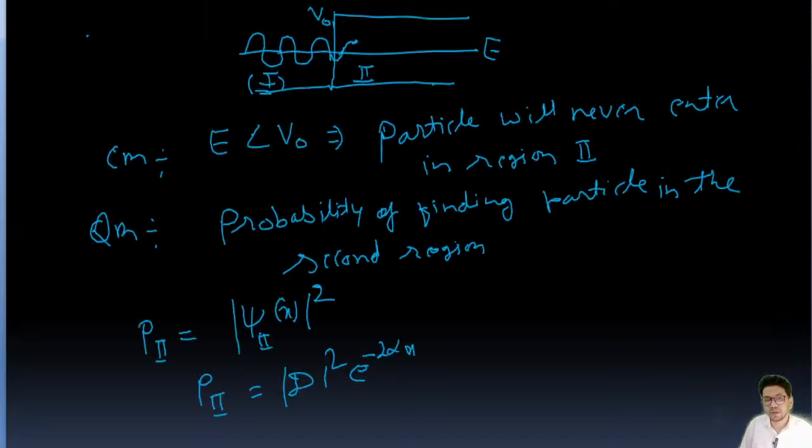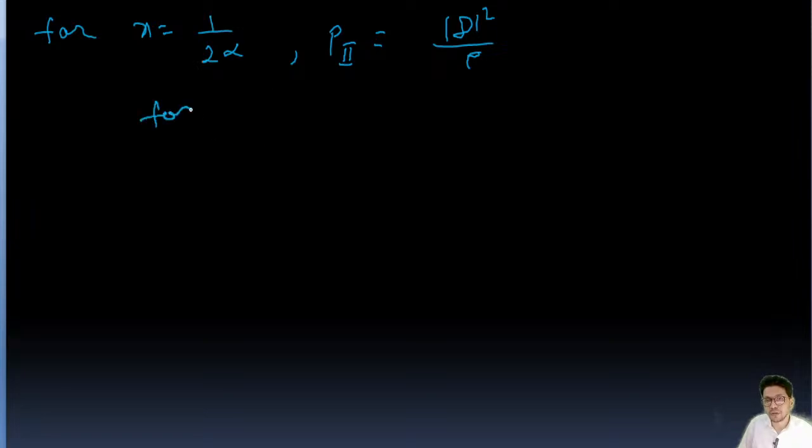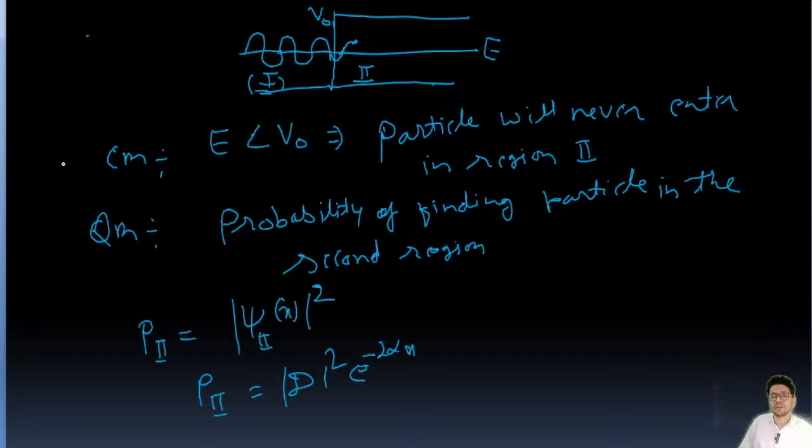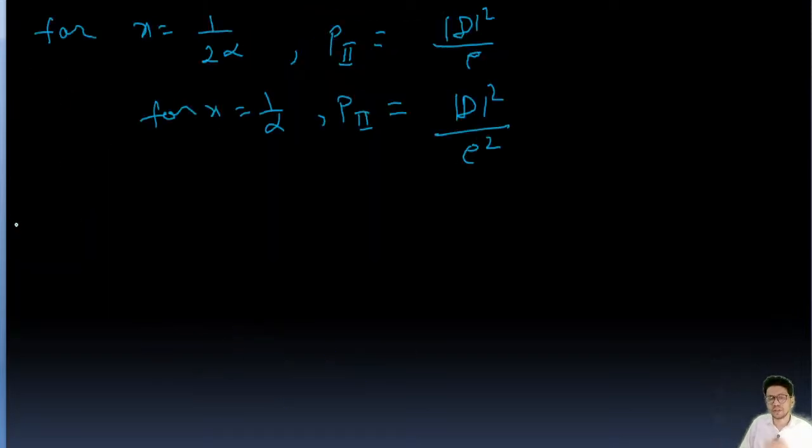Similarly for x equal to 1 upon alpha, the probability of finding the particle in region second is going to be mod D square upon e square. So this is case 1 which I have discussed. For understanding this better, please watch my previous lecture.